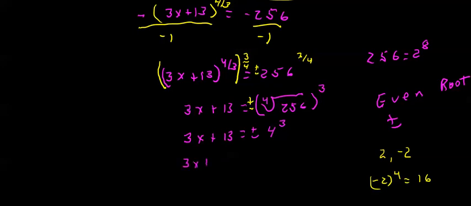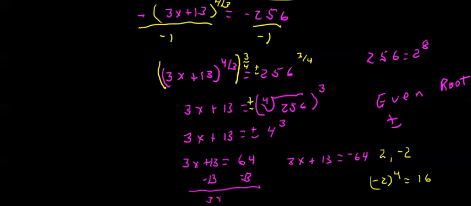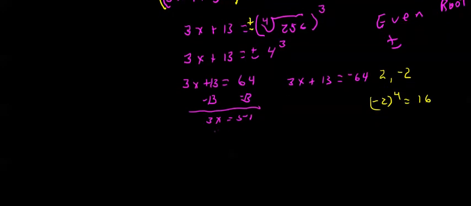So 3x plus 13 is equal to 64, and 3x plus 13 is equal to negative 64. Minus 13, minus 13, and I get 3x equals 51. Divide by 3, x equals 17.